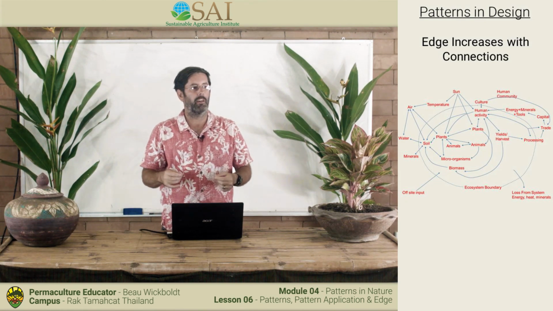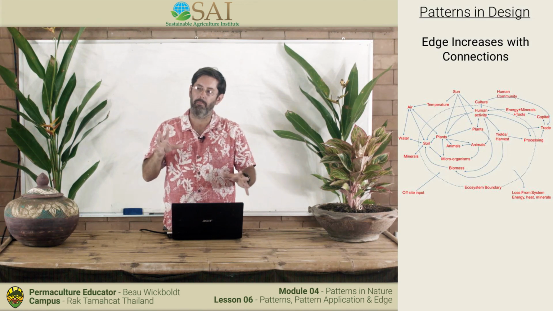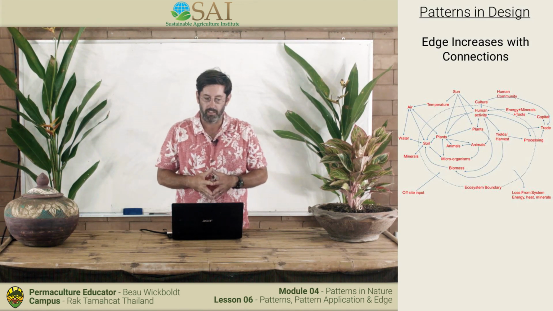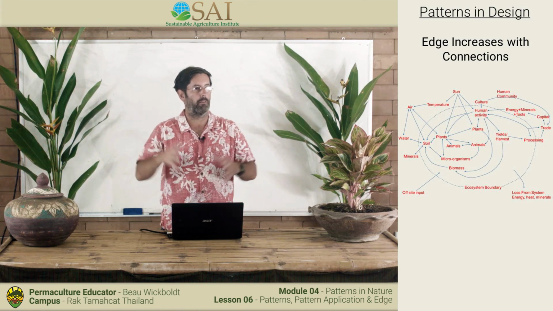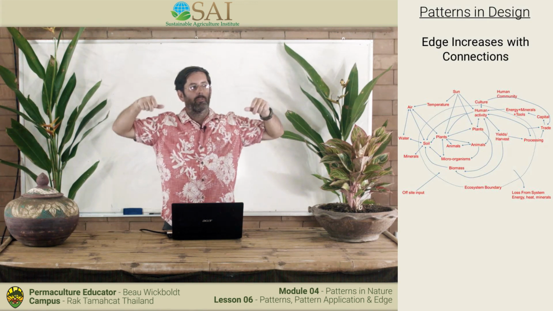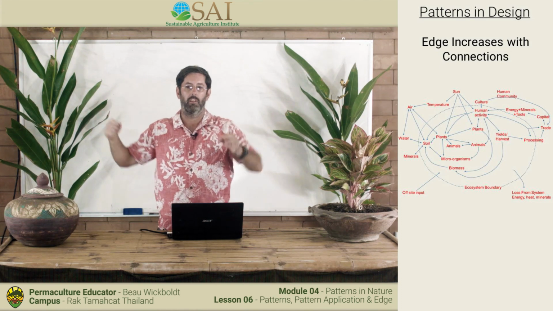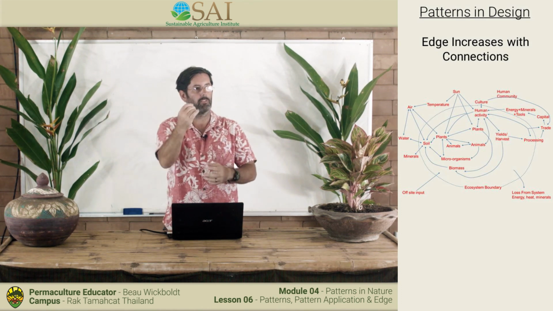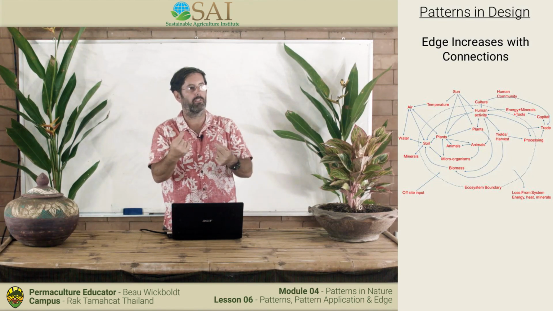This is very, very macro. It is not necessarily a master plan, but it helps me understand the larger interactions that might be driven by the sun's energy on a particular site. From there, I can take each one of those and drill down into more detail and look for more interconnectedness.